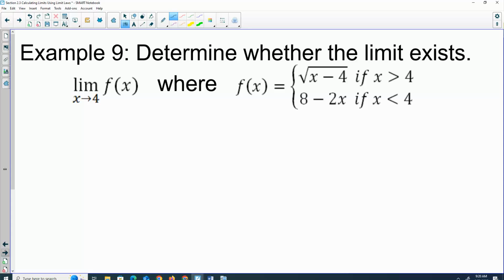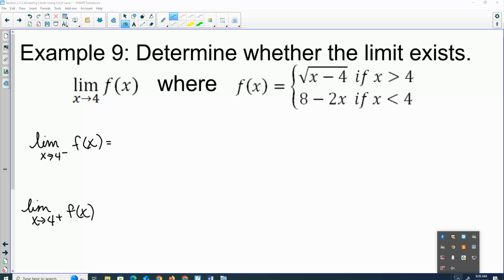Do the left and the right. I want you guys to try that. So start your limit from the left and your limit from the right. You have to decide which piece you would be on for each. Which piece are you using?